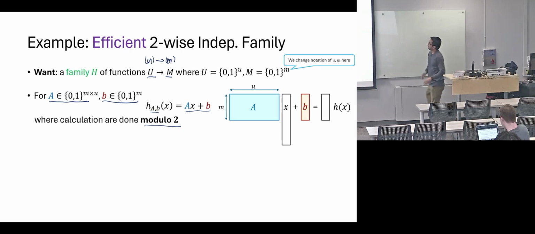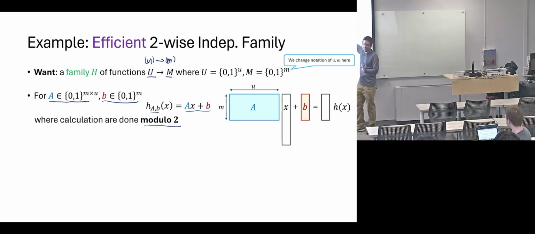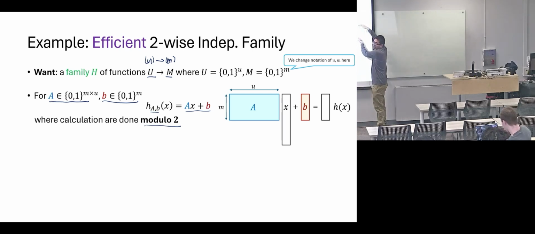Okay. And the picture that you should have in mind is like this. x is a long vector, right? You should think of u as something big compared to m still. x is something big, and what we compute is A times x plus b, and then you get your hash value, which is a short vector.